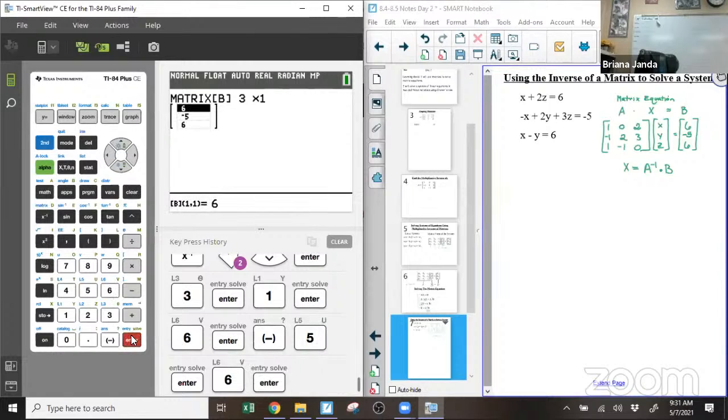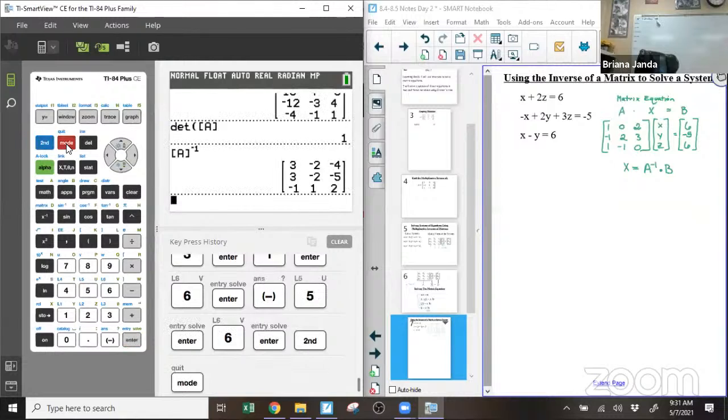Okay, still good. Now that I have those in A and B, we already actually did this work. Here's our inverse of A.